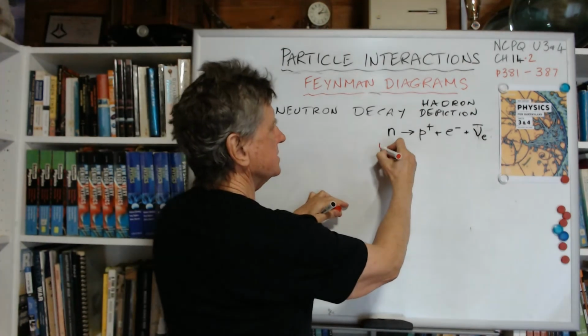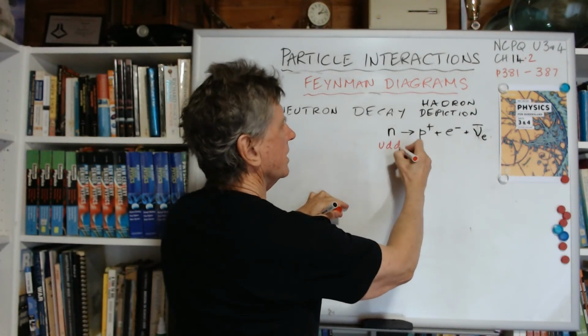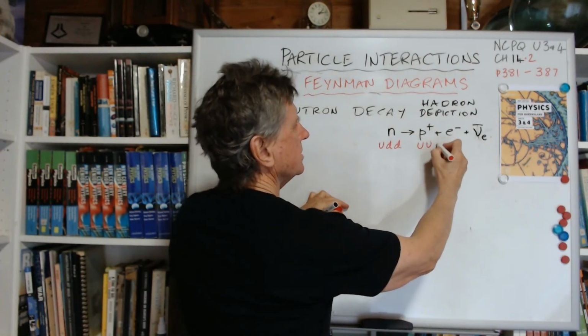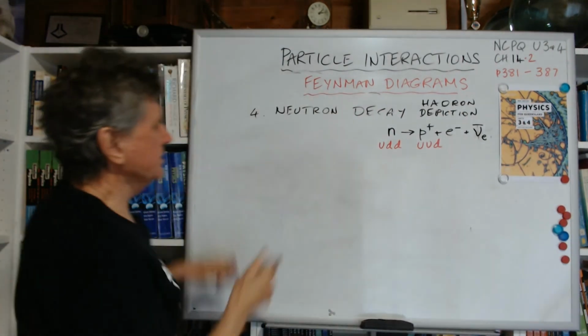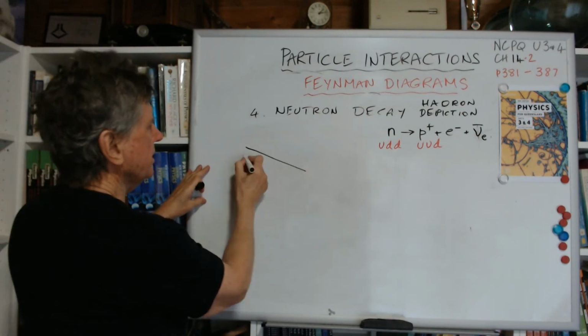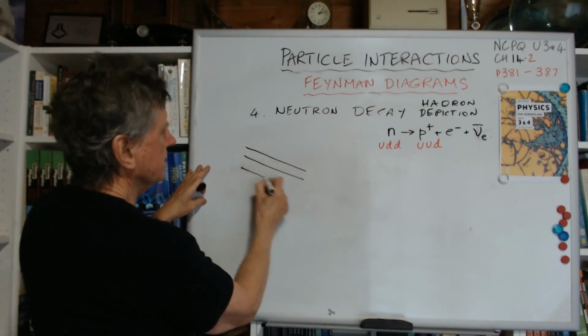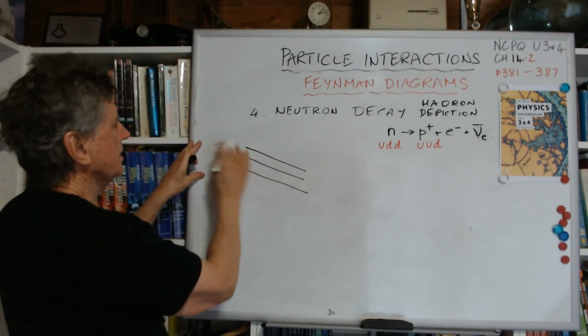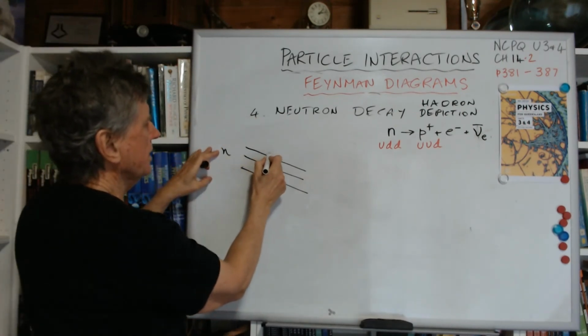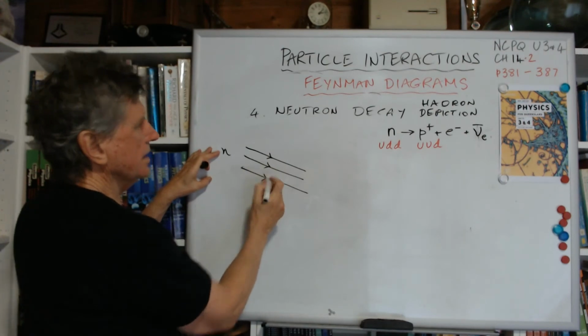Okay, so let's now do this. So here's your three quarks coming in. Now that's your neutron, if you like. So that's a neutron, and you've got 3 quarks all together in the particle, in the confines of a neutron.